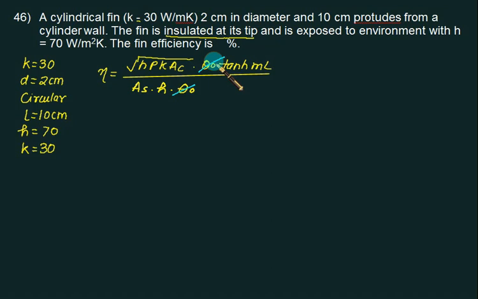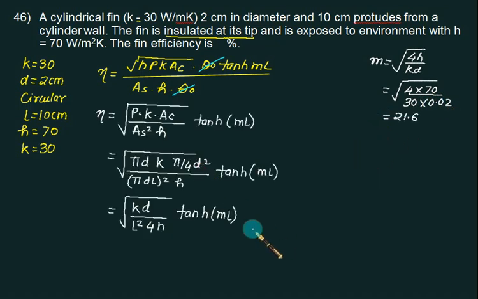Next, we can calculate m first. For a circular section we have already done the value of m, and m is equal to the square root of 4 times h divided by kd. You can substitute and get this answer equal to 21.6. This is 4, h is 70, k is 30 and diameter is 0.02. So this answer is very close to 21.6. Now substitute all these values here.